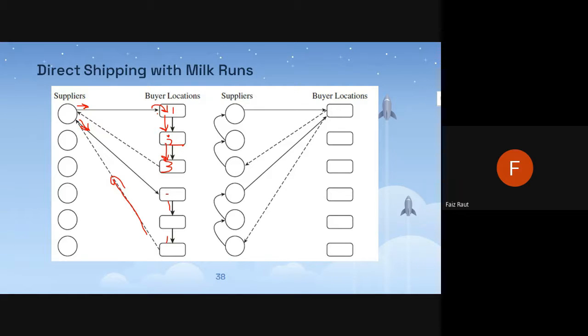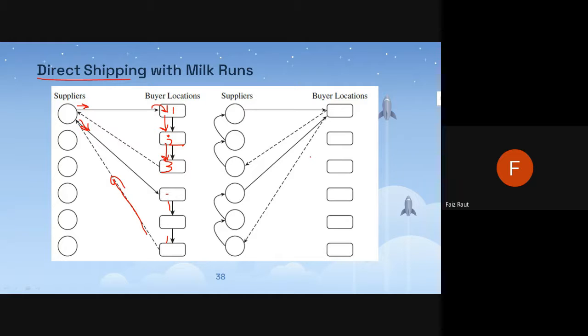Okay, if he goes to the last location first, then it is stupidity, because the can is full of milk and he's traveling to the last location. That means he's utilizing more fuel. So whichever is the nearest location, he'll try to empty his can of milk first. So that is how the milkman works, and that is a kind of a milk run, as opposed to direct shipping.